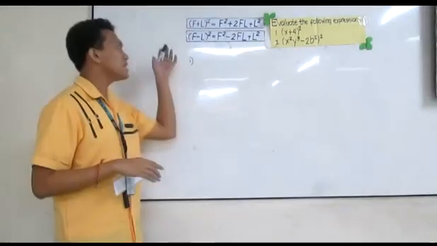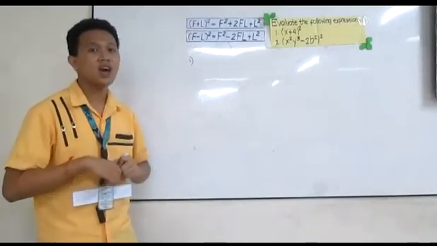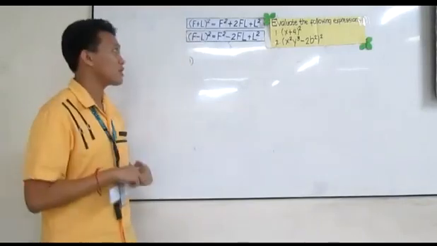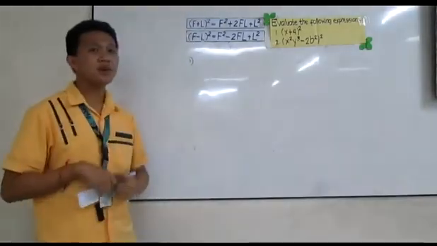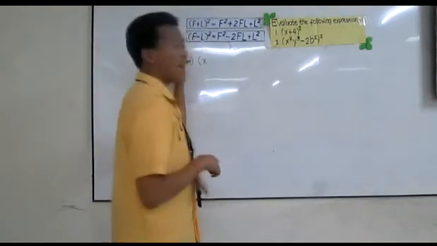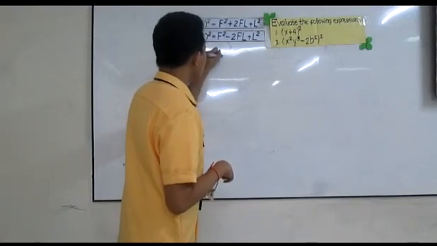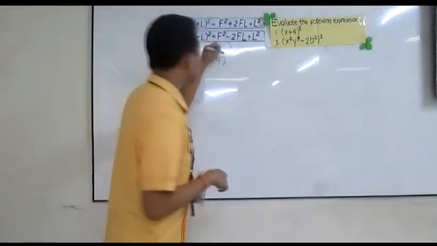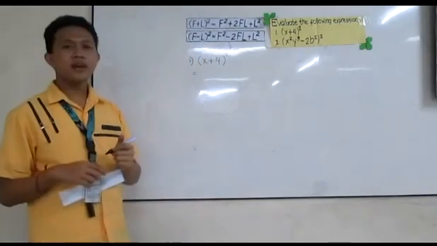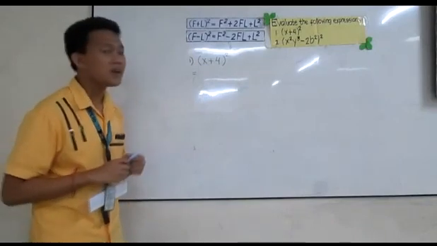Again, you need to familiarize yourself with the formula or the definition of a square of a binomial. Just substitute into the formula. So in given number 1, we have x plus 4 quantity squared. In this given, we're going to use formula number 1.